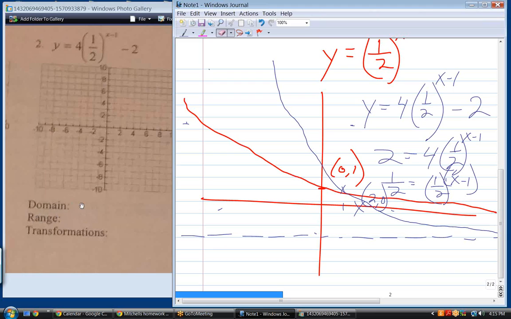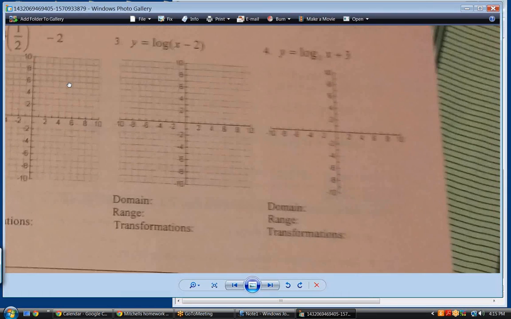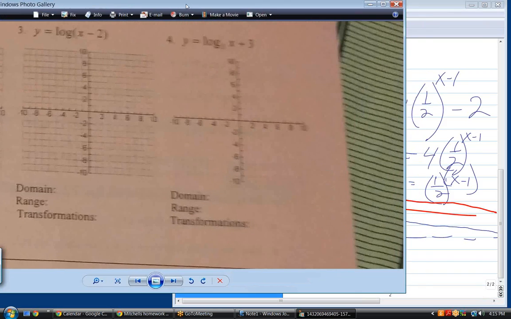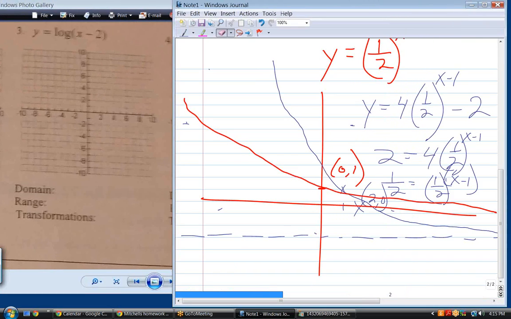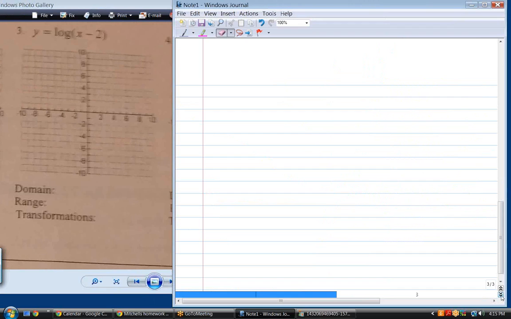In other words, we've talked about the domain, we've talked about the range, and we've talked about the transformations. It's the elementary function here. Is it just log of x?